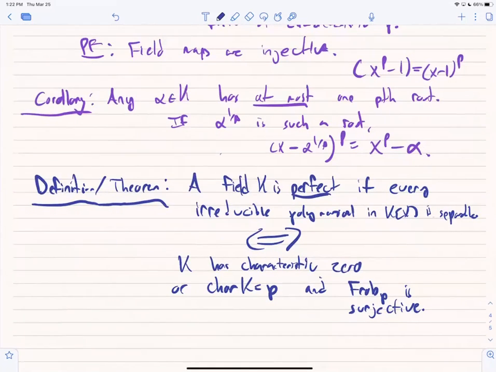The Frobenius map is already injective, and saying it's surjective is the same as saying it's bijective.